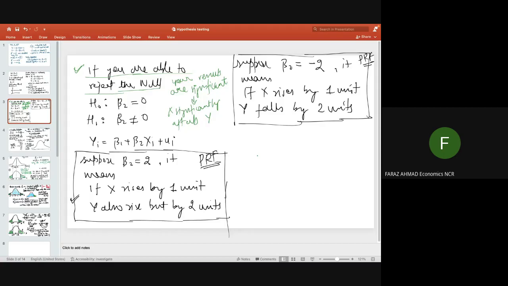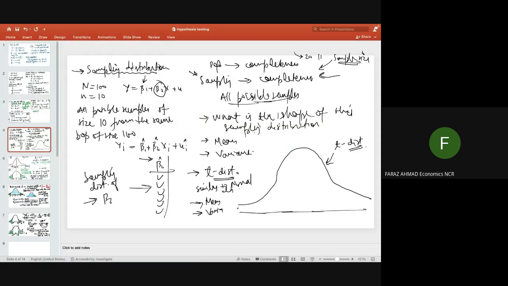Now, when it comes to tests of significance, when it comes to rejecting and not rejecting the null, it depends on the p-value. Let me take another slide.